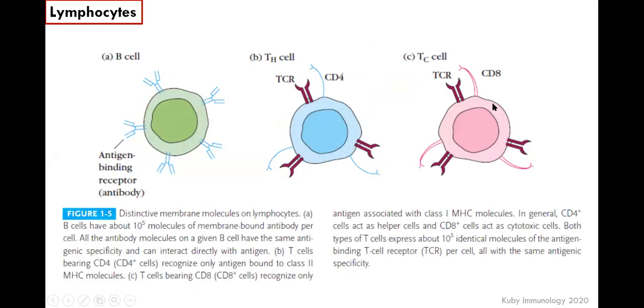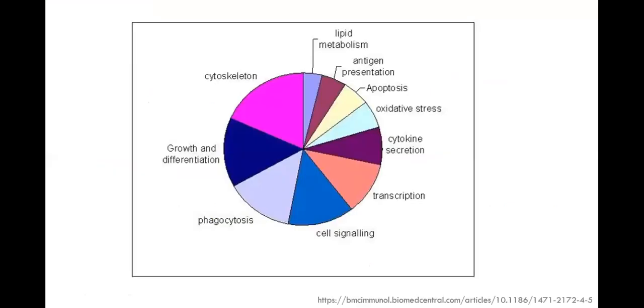Remember that CD4 and CD8 molecules are the signatures on the T cells, and along with the MHC molecule on the antigen presenting cell they form a ternary complex. That complex interaction helps in eliciting the immune response, which we already covered in fundamentals. If you take general metabolic processes, signaling or growth, or any of these biological processes happening in a cell or an organism, growth, transcription and cell signaling take the major proportion.